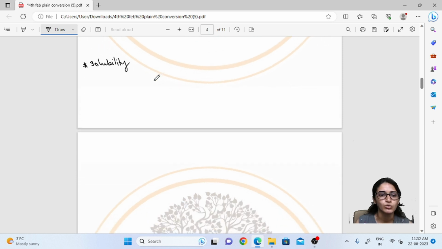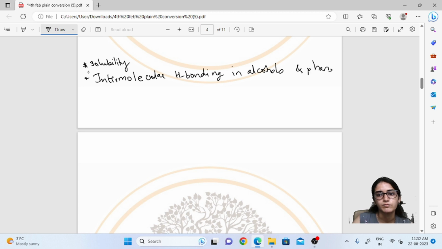As we know, there is intermolecular hydrogen bonding in alcohols and phenols, and this plays a very important role in some of the physical properties.